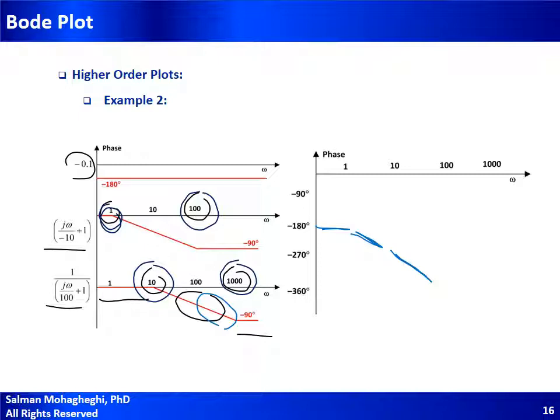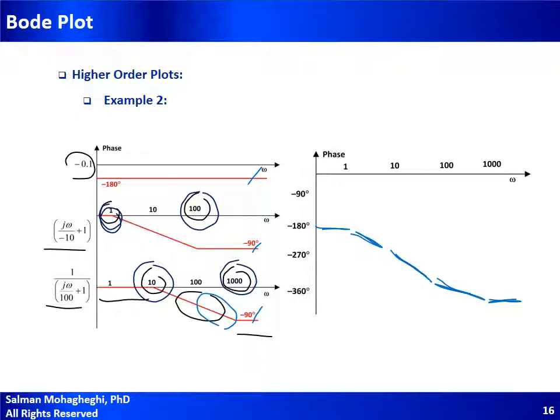So I would go back to the slope of negative 45 degrees, and finally, when I get to the last breakpoint, 1,000, I would essentially have negative 180, negative 90, negative 90, which would be negative 360.